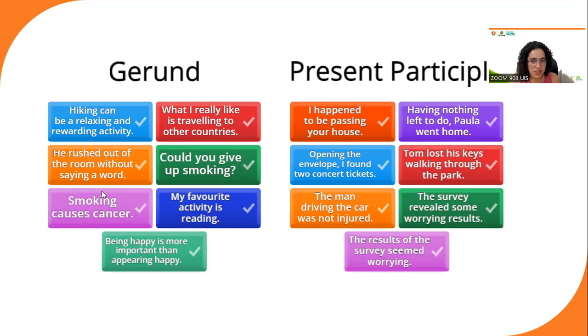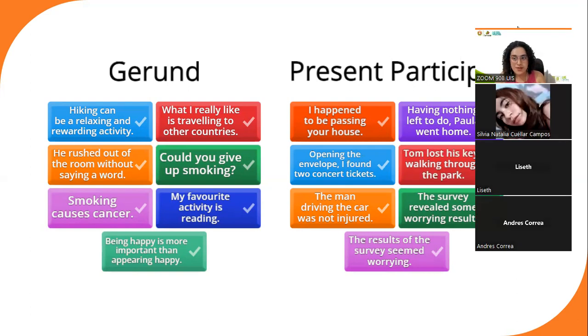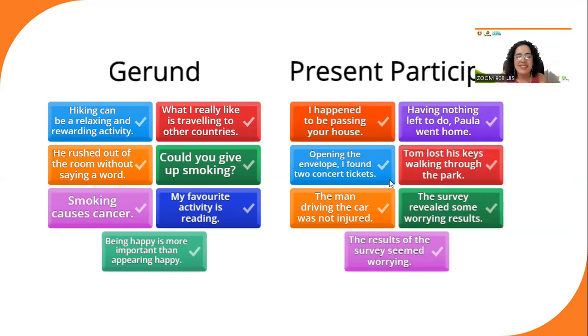Those were the gerunds. The participles can be actions or they can also be adjectives, okay? So that was the tricky part in the activity. I happened to be passing your house. This is action. Having nothing left to do, Paula went home. Opening the envelope, I found 2 concert tickets.